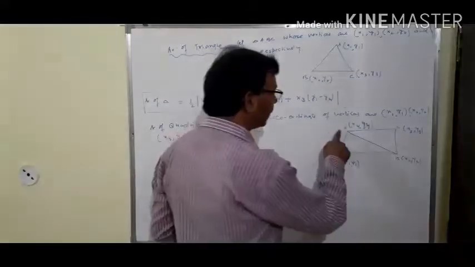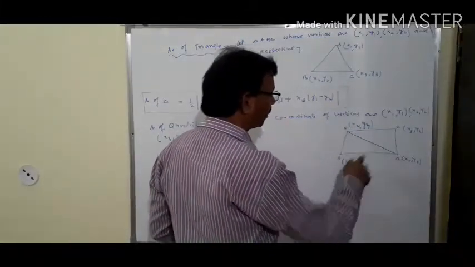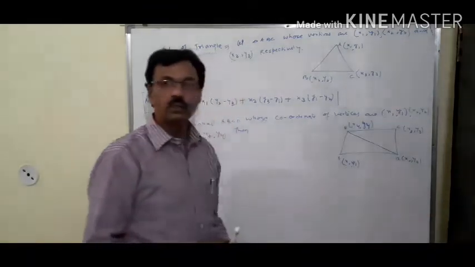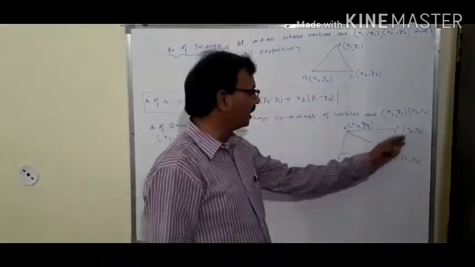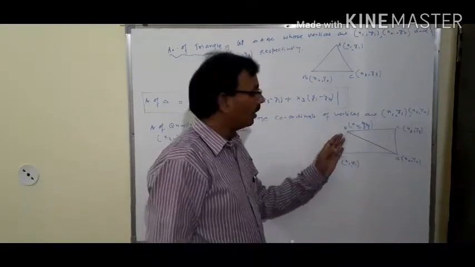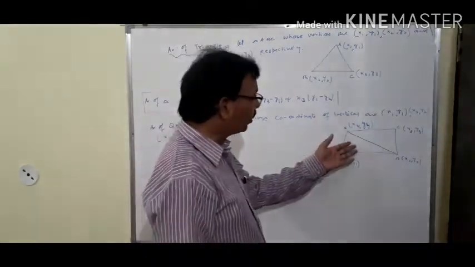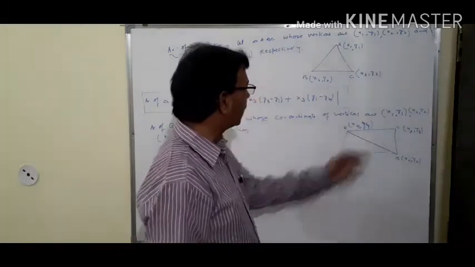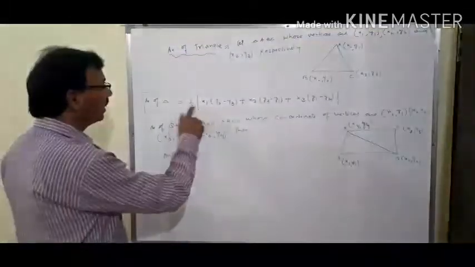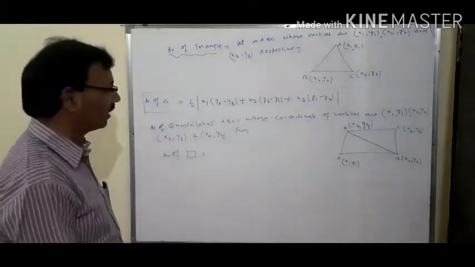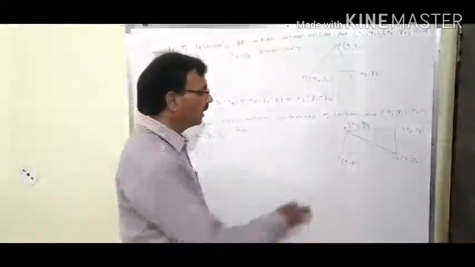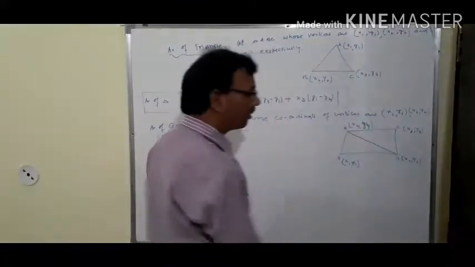If we join any diagonal, then this quadrilateral divides into two triangles, triangle ABD and triangle BCD. Then you can find the area of both triangles with the help of the above formula, the formula of the area of a triangle, and adding both, you can find the area.